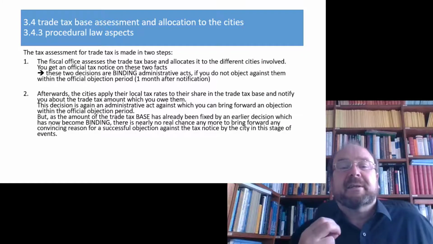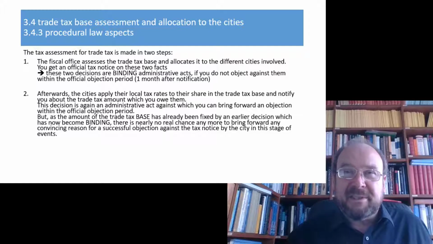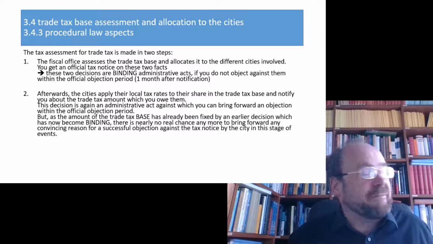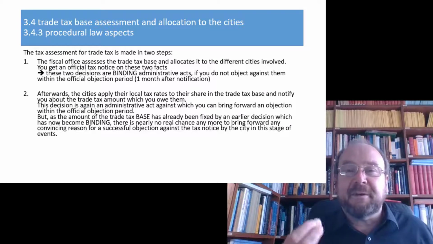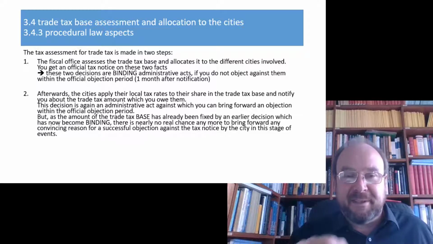But the problem is, well, what is decided by the city to which you still could object? They apply their city rate, let's say 440%, on their share in the trade tax base. Now, the amount of their share has already been definitively and bindingly decided in the first stage. So you are no longer allowed to attack that figure because it has been definitively decided.